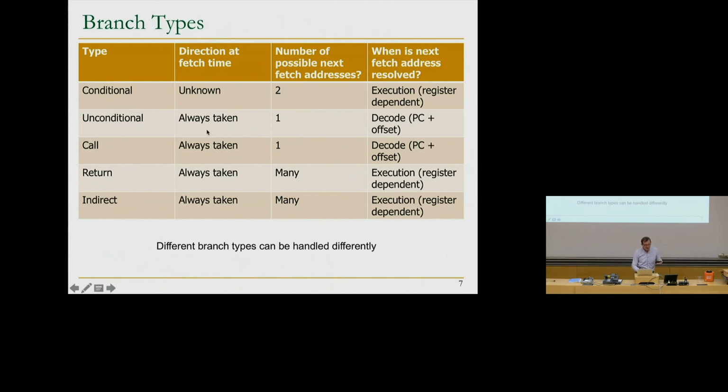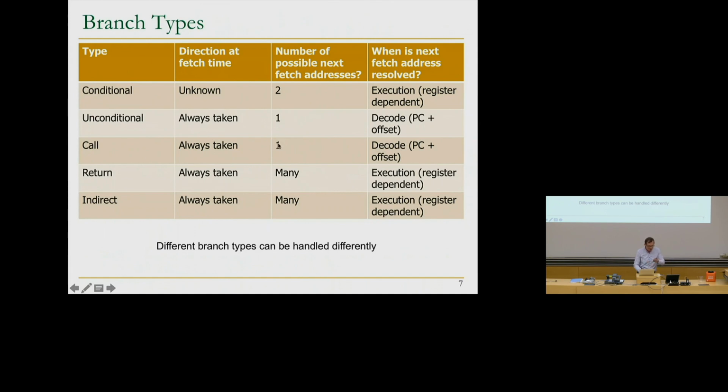There are also unconditional branches. They're always taken. These are the jump instructions in MIPS. So you have only one possible next fetch address. This is easier to handle clearly, because you actually know after decode what the target address is, and it's always taken, meaning you always go to the target address. Calls are always taken also, and depending on the call you could have a next fetch address that's known after decode.